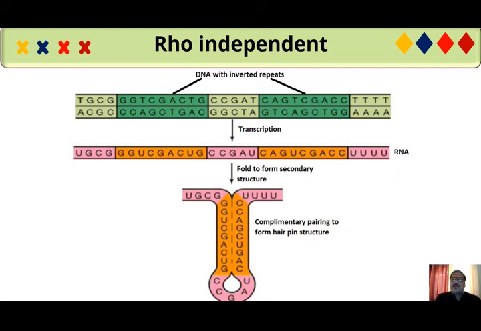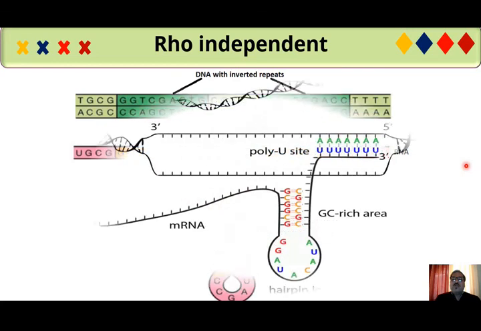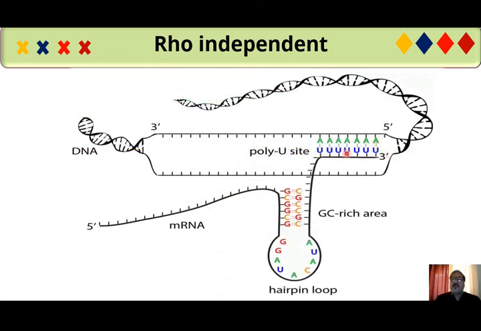And because of this hairpin structure, the load of the hairpin structure is not tolerated by the AU base pairs. So the RNA gets separated from the RNA-DNA heteroduplex, and thus the RNA molecule is released from the RNA polymerase enzyme.